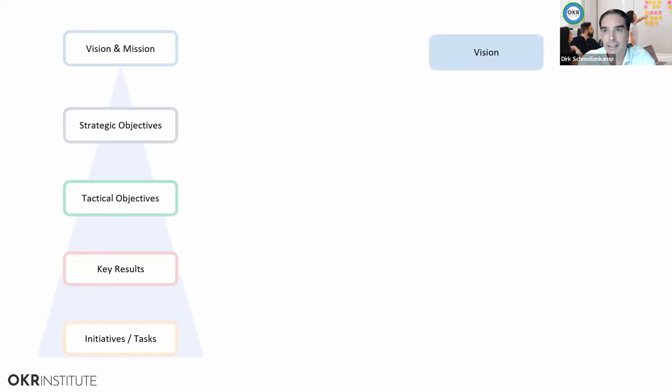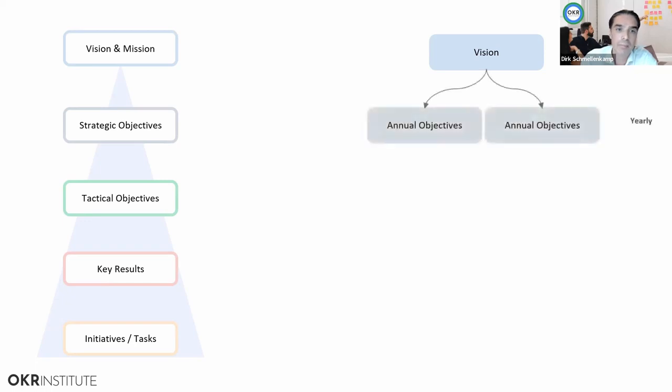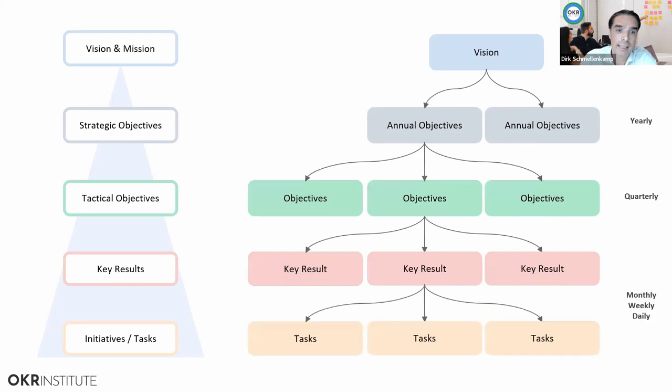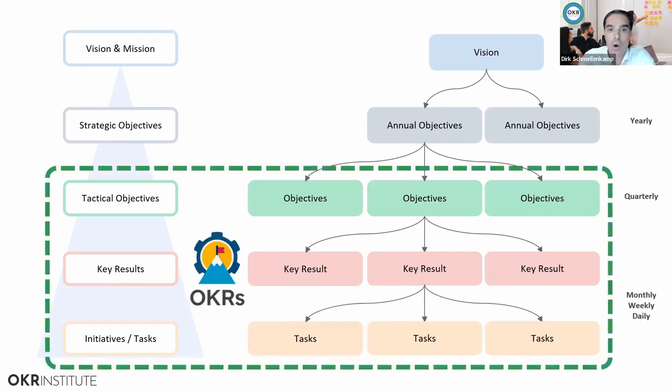From a cadence perspective, your vision and mission you set between 5 and 10 years, your strategic objectives between 1 and 3 years, and as you can see here, the OKRs cover most of the cases, the quarterly goal-setting framework. By the way, it doesn't have to be quarterly. It can also be between 1 and 6 months, depending on the rhythm and heartbeat of your organization.